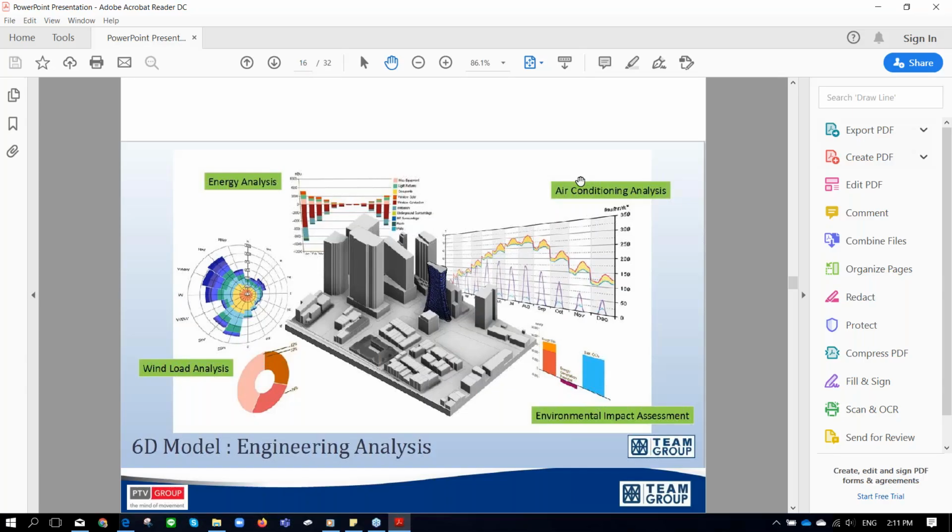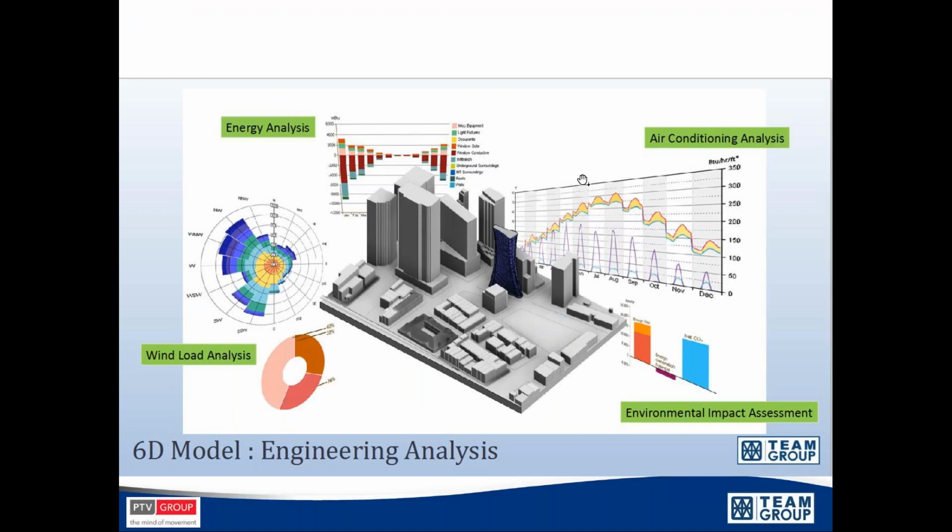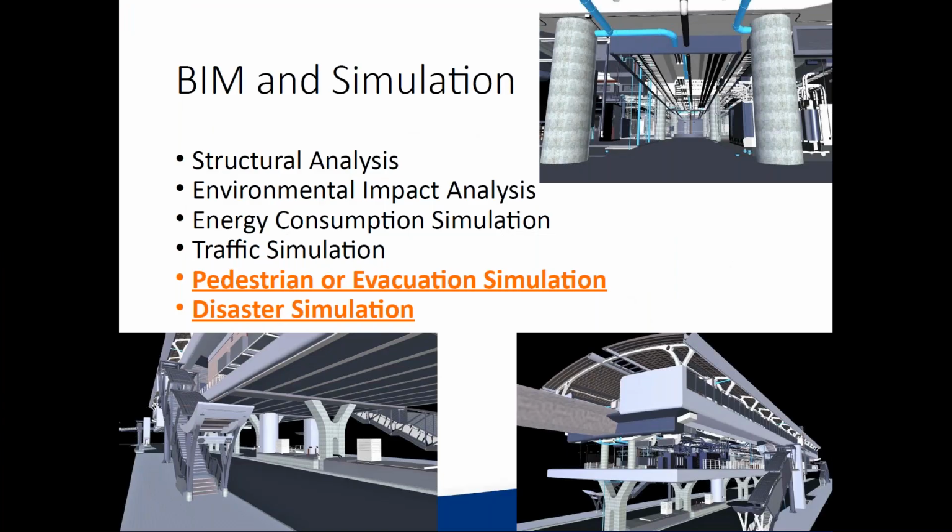Okay, next is our major topic today. It's about 6D engineering analysis. So usually you might have heard about structural analysis, EIA, environmental impact analysis, or energy consumption analysis, or even traffic simulation. For example, for this station, there would be a drop off here, or a bus station here.